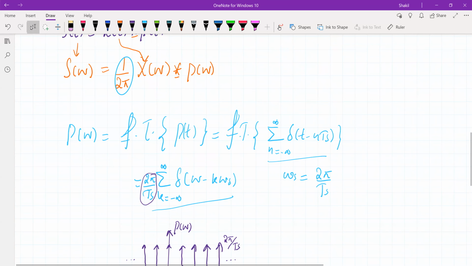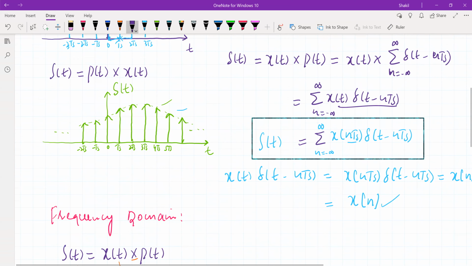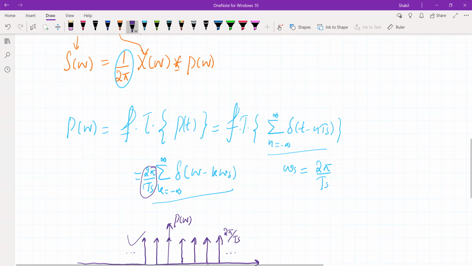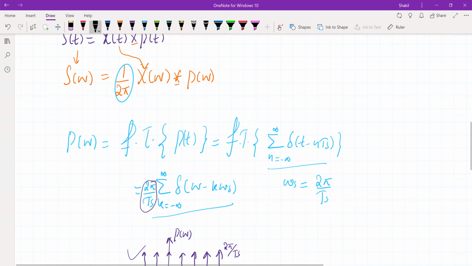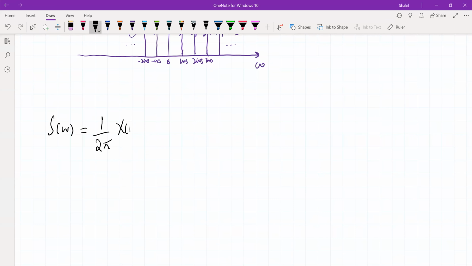So what you are actually doing is convolving this impulse train with this. That's what you are doing. So if I redraw this, my S of omega is simply, sorry, there is 1/2π, not 2π. This 1/2π X of omega convolved with P of omega.